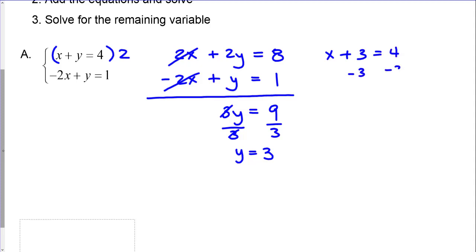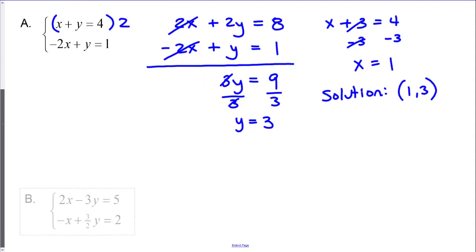So if I subtract 3 from both sides, I discover that x is equal to 1, so that my solution is the coordinate pair 1, 3. So the original system that we worked with, it doesn't matter if you are using the substitution method or the elimination method, you'll get the same result in the end.